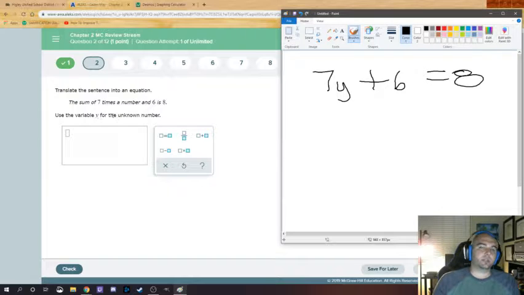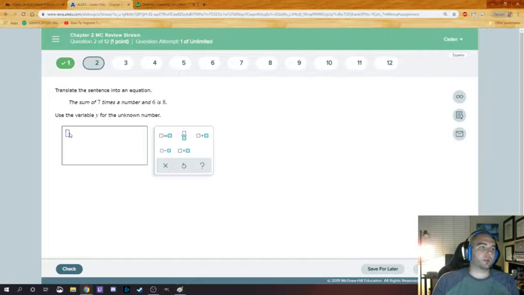This is just the sum of only 7 times one number, and 6. So you have to know the difference. The phrasing is slightly different, so be on the lookout to differentiate between these 2 types of problems. On this one, you're either going to get one with a parenthesis or one without.